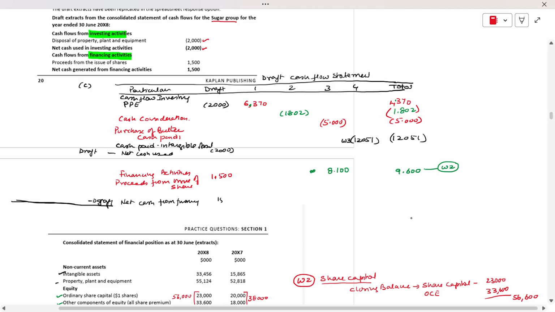How much is there? 1500. Draft is more than draft. The final total amount is important. Okay, final total amount is important. I have to check 4310, 1, 5000, 12051, 9600. Okay, 9600. Anywhere we have to think about the dividends.